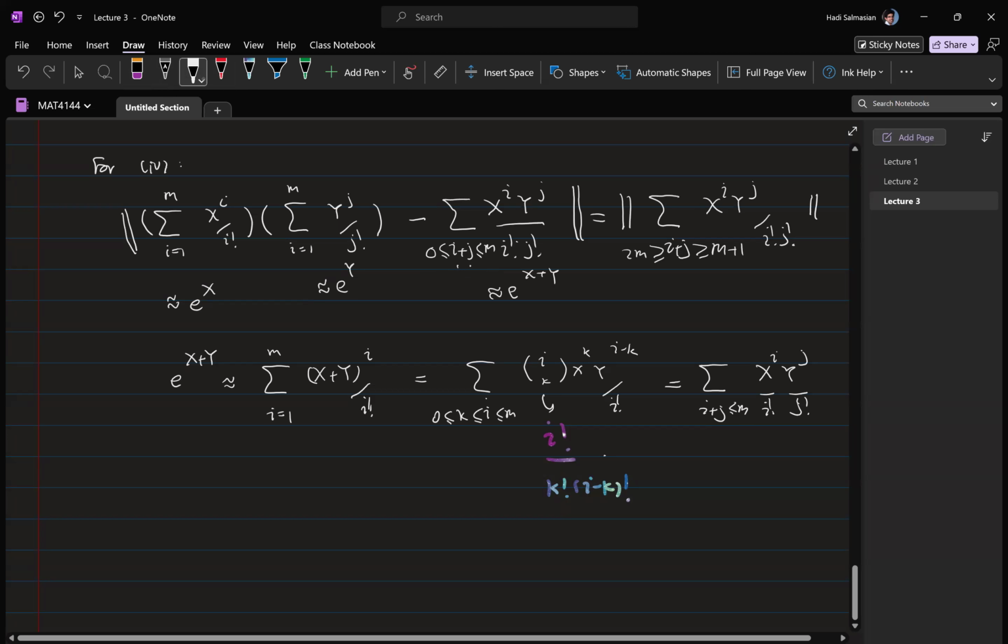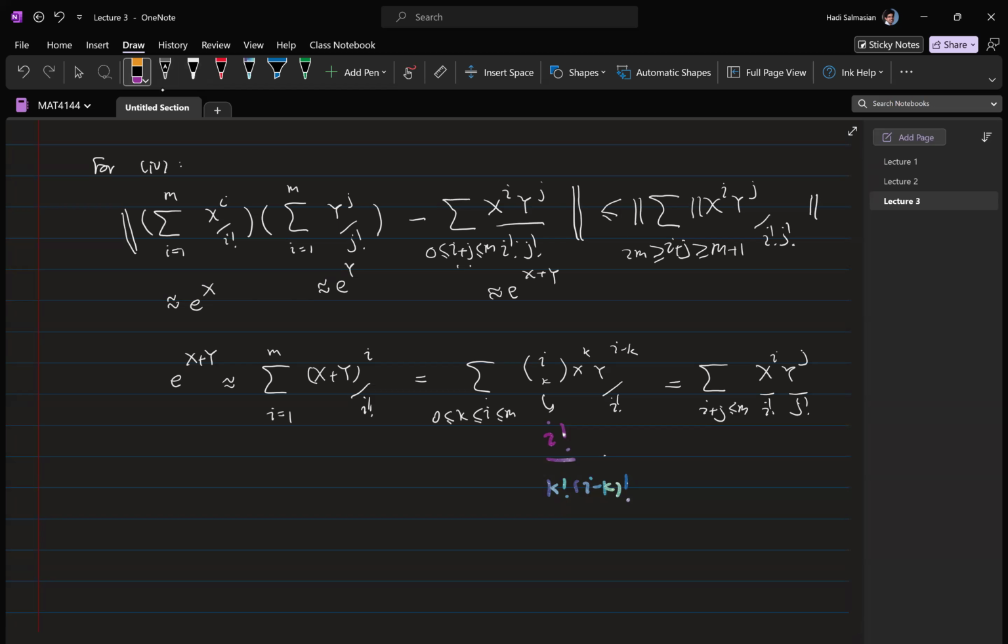But we can first push the absolute value inside, and this will make the equality a less than or equal to. And then we can remove this condition and consider all the terms.